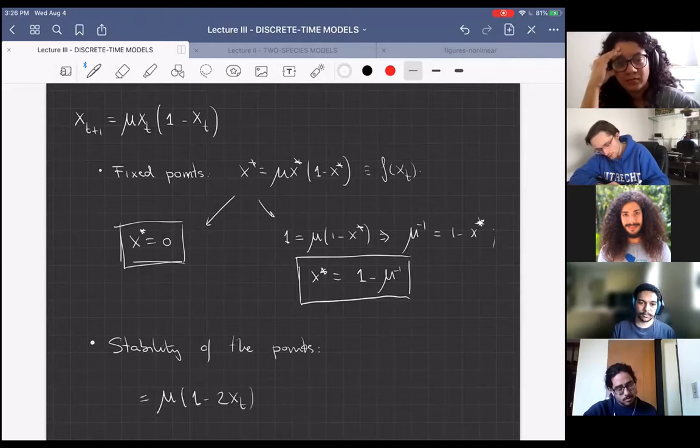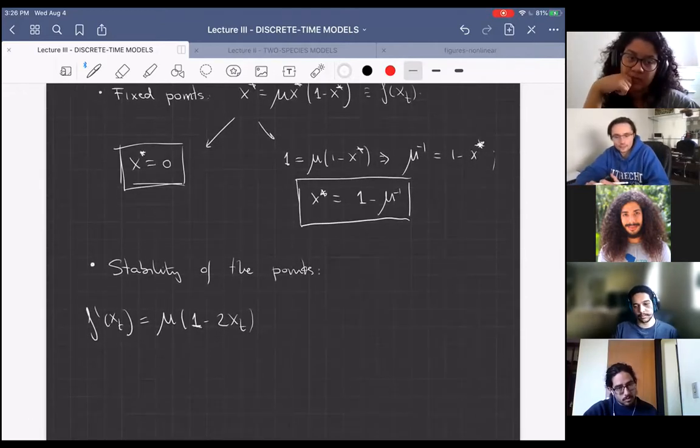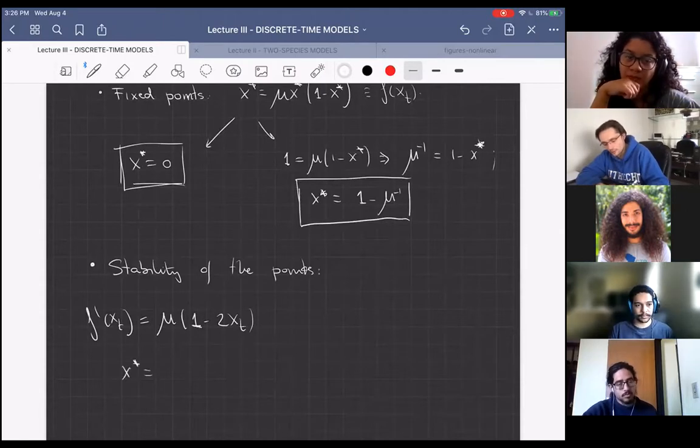This is f prime of x_t. So if I want to calculate the stability of x star equal to 0, f prime at 0 is equal to mu.